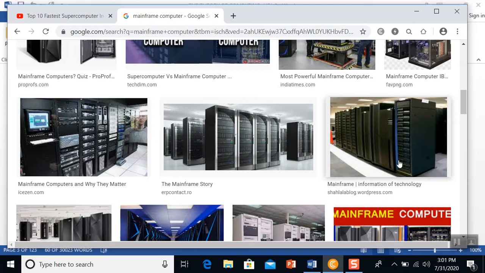It had a lot of disadvantages because it was so very big. It used to emit a lot of heat, and because it was so big, it used to consume a lot of electricity. It was just a very big computer.